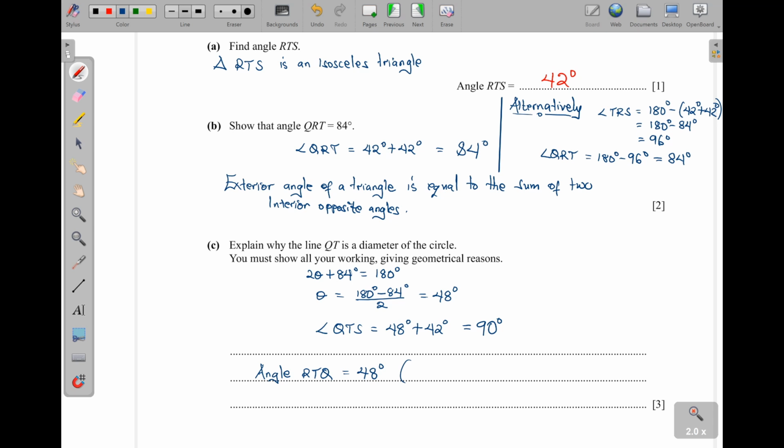Why? It's because triangle RTQ is isosceles. And then next we can say angle between the tangent and QT is 90 degrees. So this qualifies our QT to be a diameter.